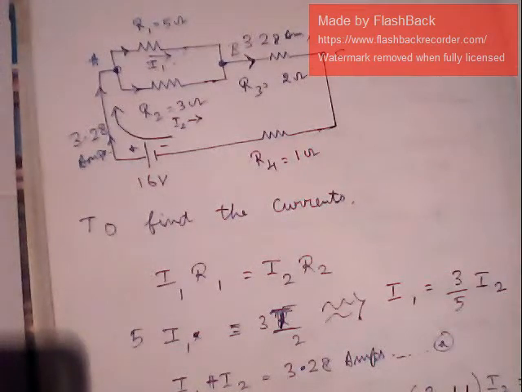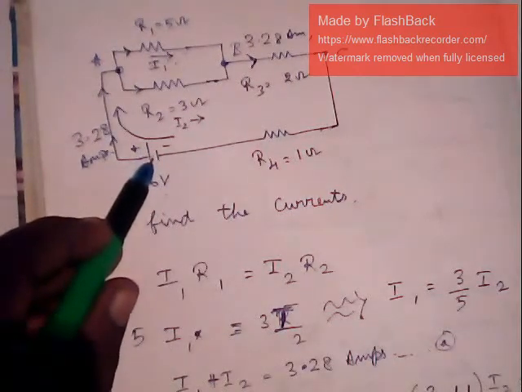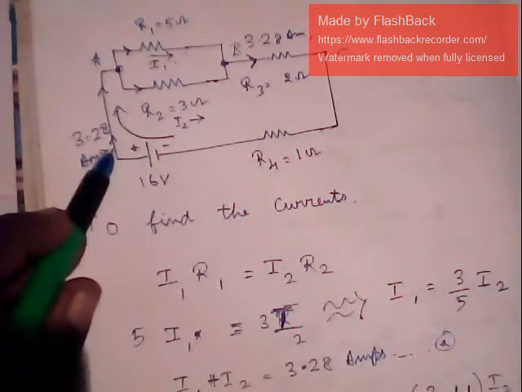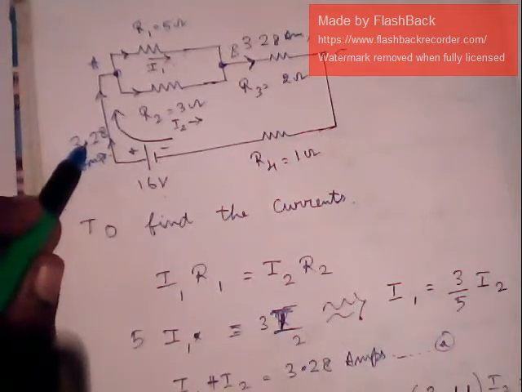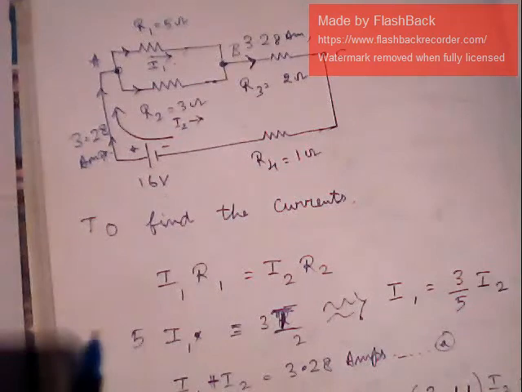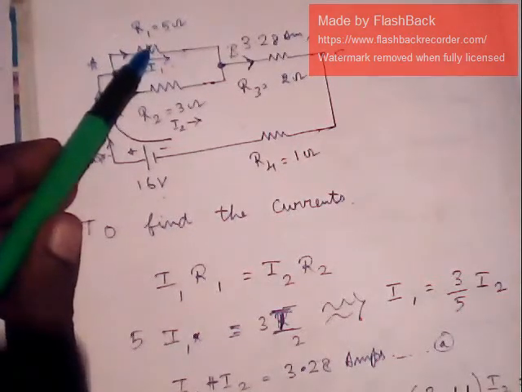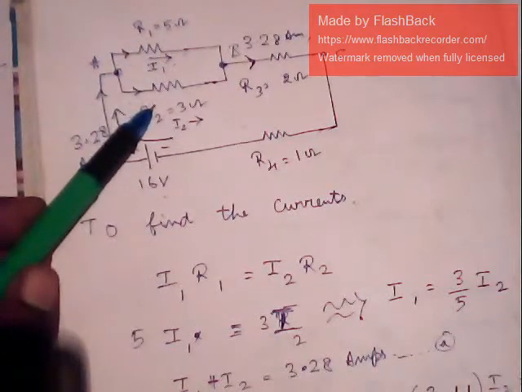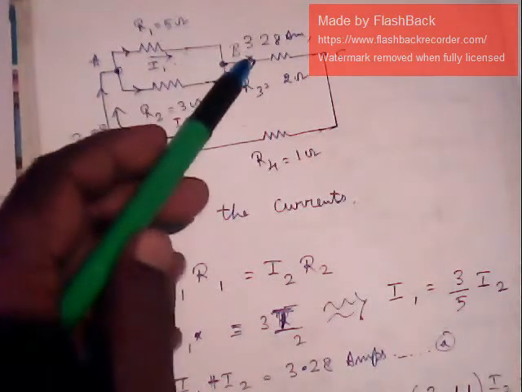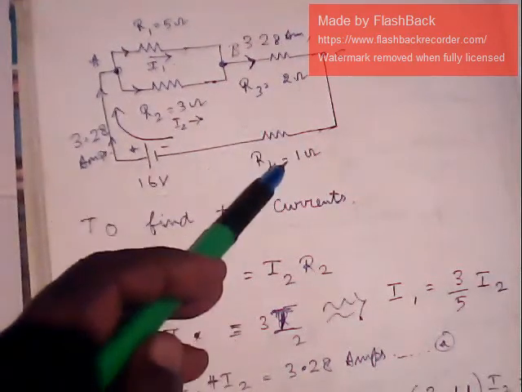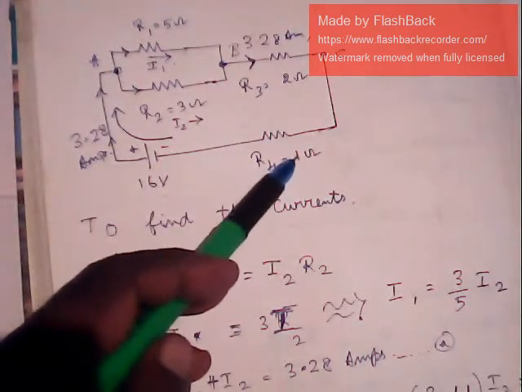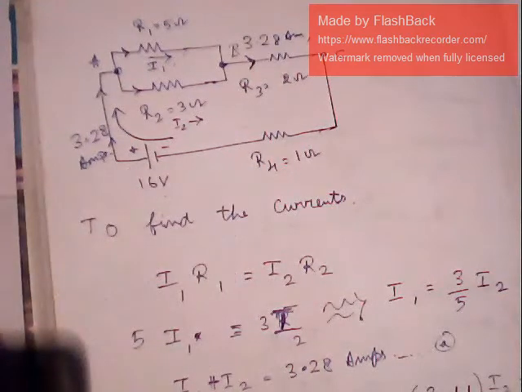Now that for this circuit we have found the total current supplied by this battery, that happens to be 3.28. So the next stage, we need to find the current across this resistor R1, then resistor R2, then across the 2 ohm resistor, then the current flowing through the resistor R4.